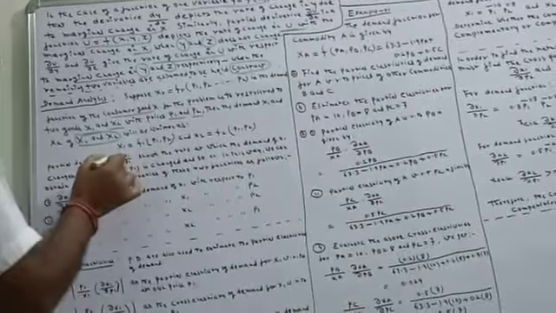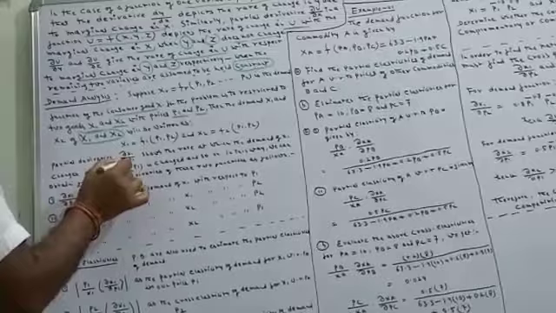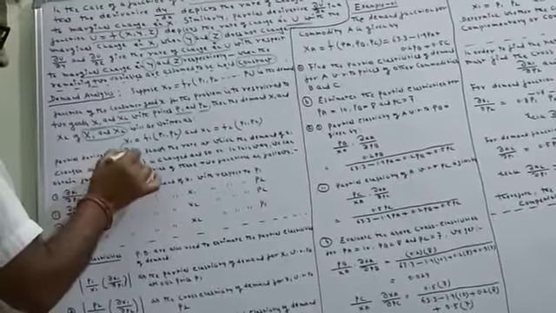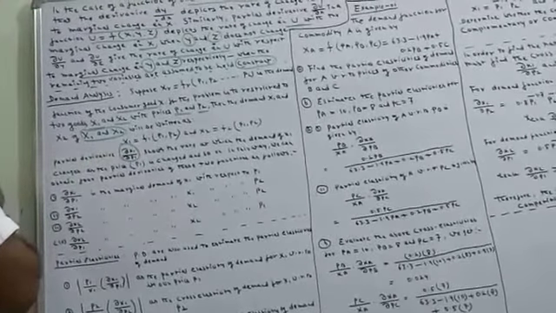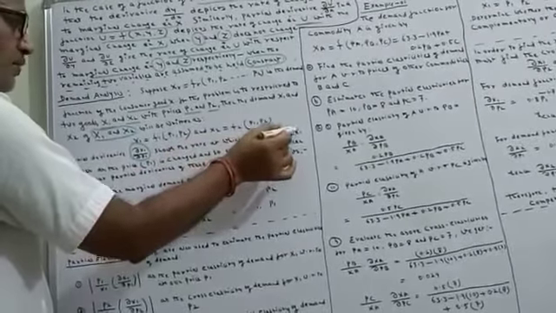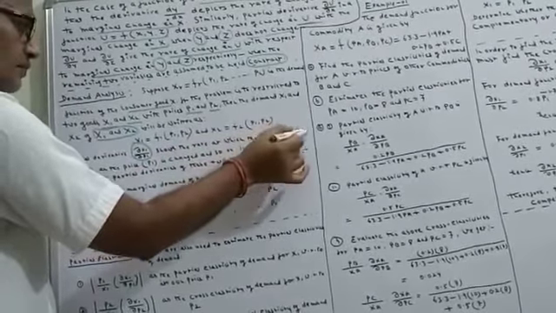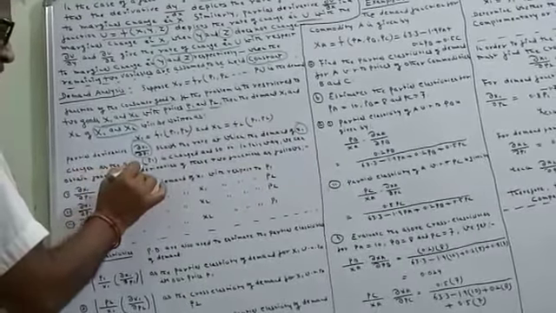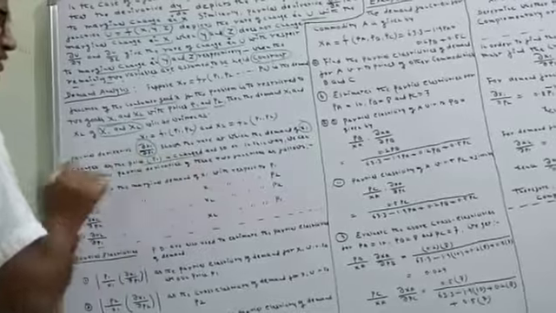Now the partial derivative del x1 by del p1 with respect to p1 shows the rate at which the demand of x1 changes as the price p1 is changed, and so on.